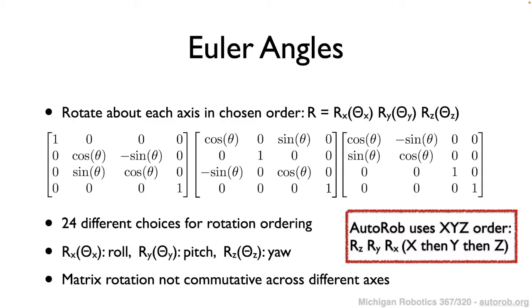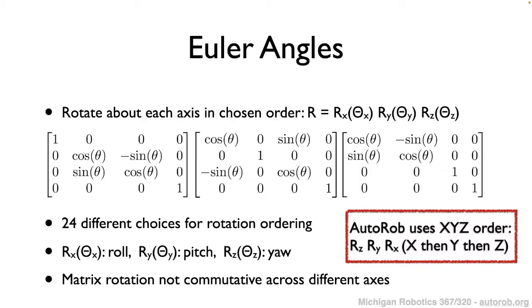Using Euler angles, you have a number of different choices for the ordering of these component-wise rotations. For this course, for your implementations, when you use Euler angles, always use the x and then the y and then the z property, because this is what we'll be comparing your solutions against when we're grading them.